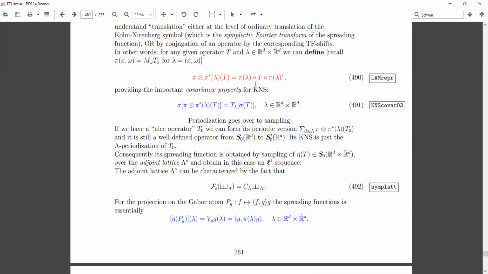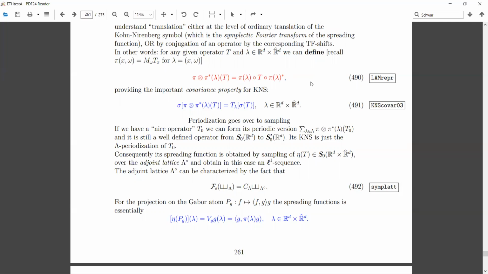It turned out that the spreading representation of such a new operator is just a plane wave multiplied with the spreading symbol of the original operator. Now, multiplication with plane waves in a two-dimensional setting is nothing else but doing a Fourier transform, or doing a shift with a certain parameter in the time domain.